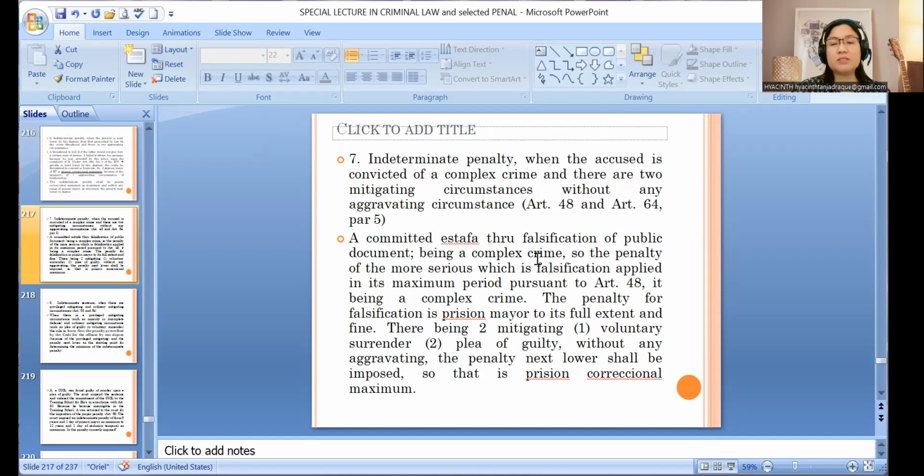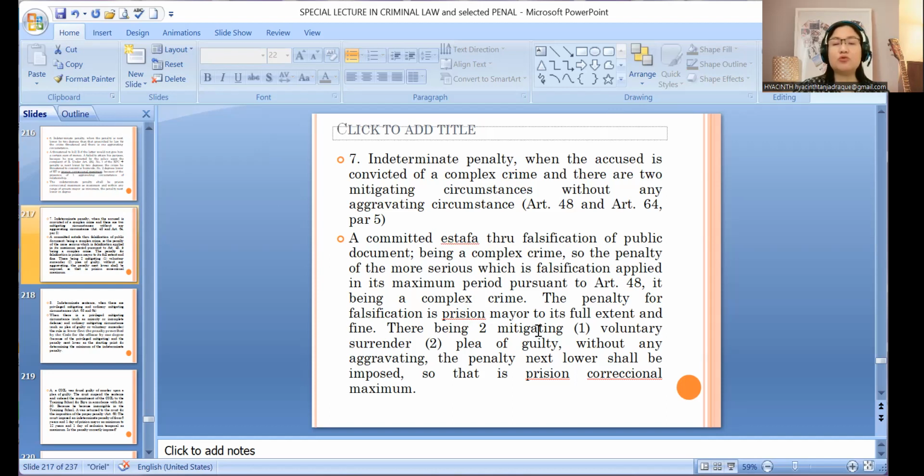Being a complex crime, the penalty of the more serious, which is falsification, applied in the maximum period pursuant to Article 48, will be imposed. The penalty of falsification is prisión mayor to its full extent and fine.